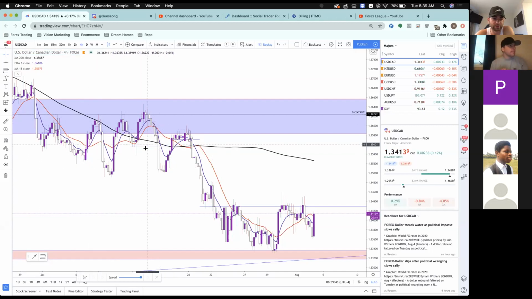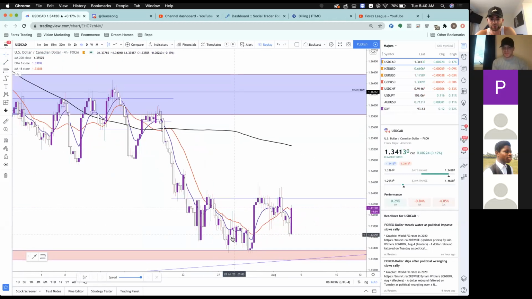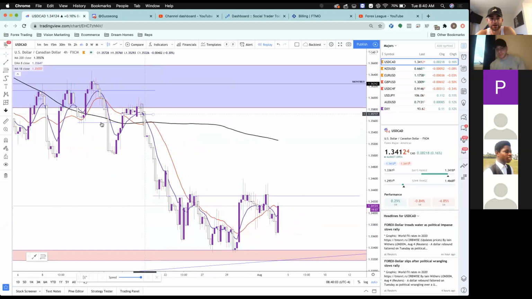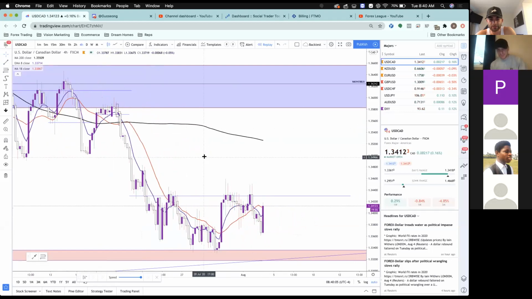So I wouldn't consider that a break of structure or anything like that. If anything, it was just testing these levels right here, and then inevitably fell back through, formed this lower high, boom, right here, and then had this large fall off to the downside. So we're clearly in a downtrend on this 4-hour time frame right now.